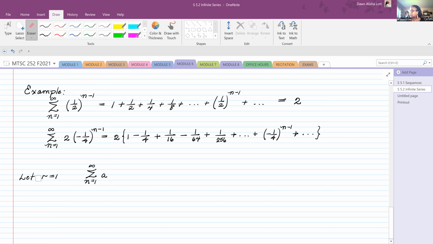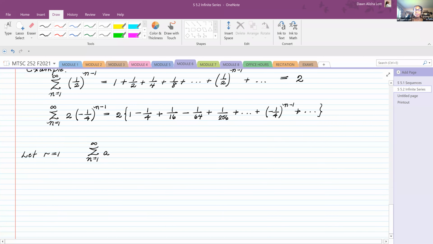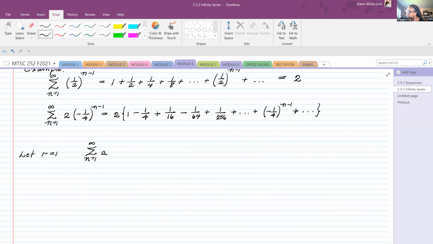So I just get this sum. Now that's a problem. Let's see what we get. The nth partial sum is going to give me a plus a plus a plus a, and I'm going to do this n times. So the nth partial sum S_n is going to give me n times a.